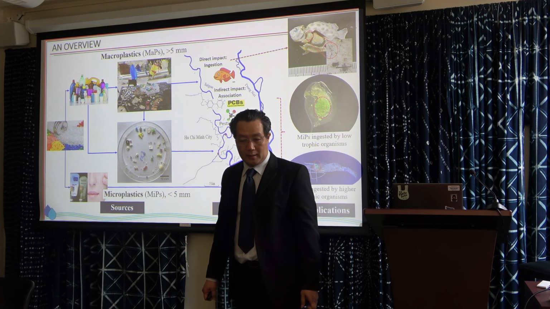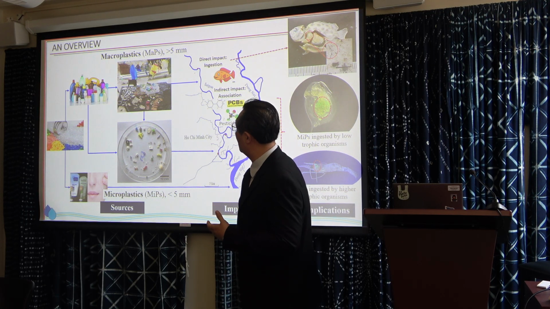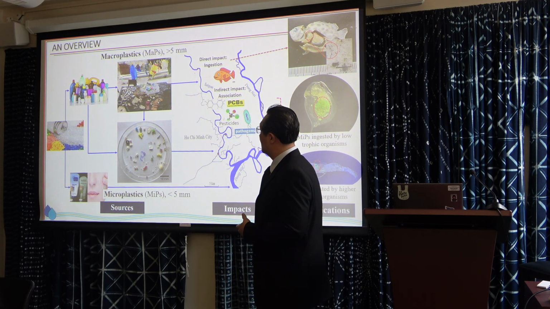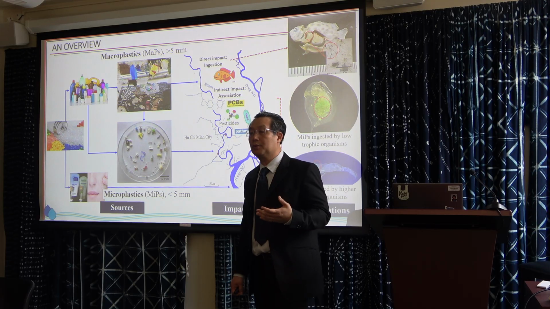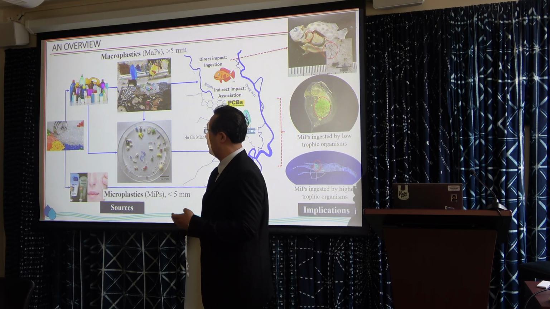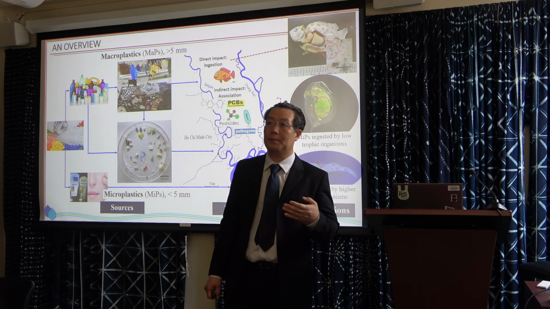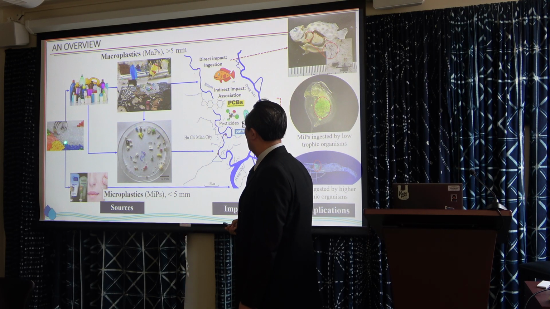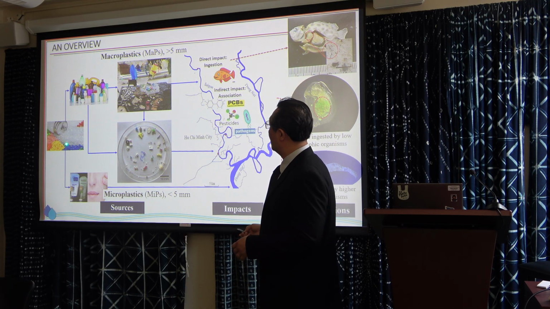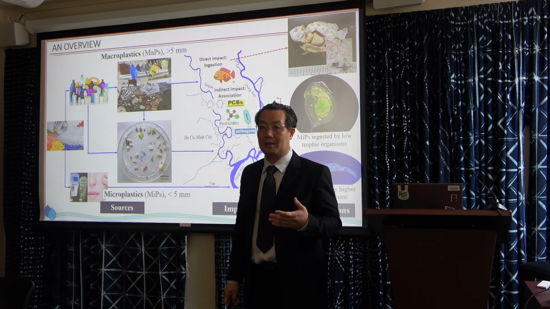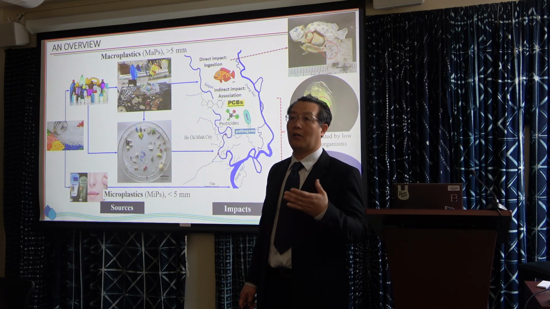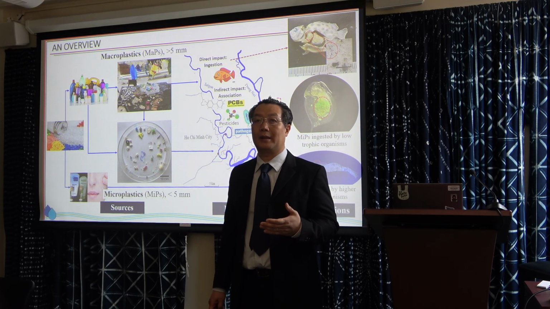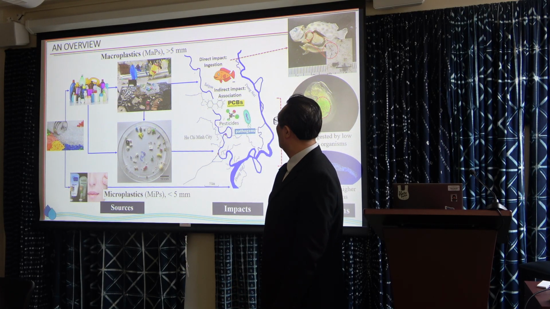So let me very briefly talk about the source of microplastics in my research. As Dr. Chit already introduced, plastics come from petroleum products, and from petroleum products they make plastic products for daily use and long-term use. The question is, where does the plastic go?